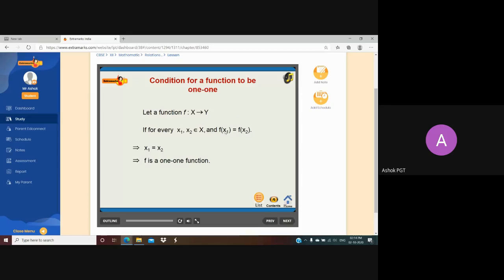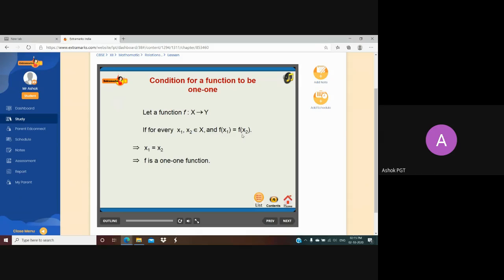In case f of x1 and f of x2 are equal, then definitely x1 must be equal to x2, because as per a one-one function, one image must be connected with only one pre-image. If f of x1 and f of x2 are the same, it becomes a single output.